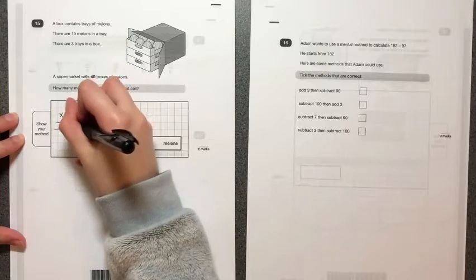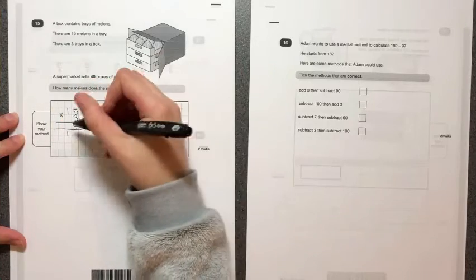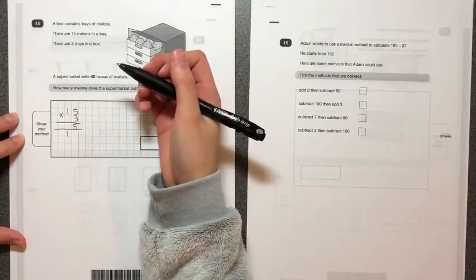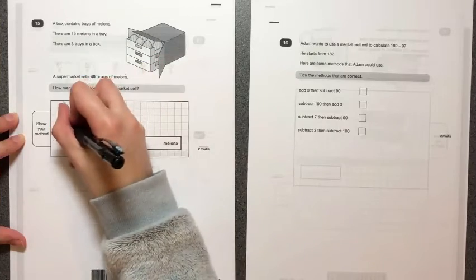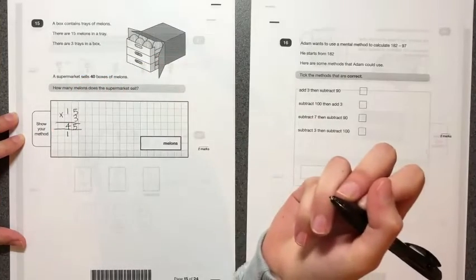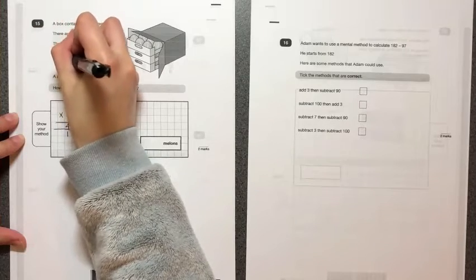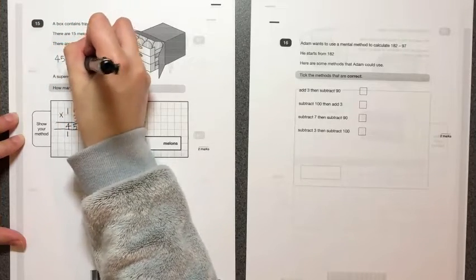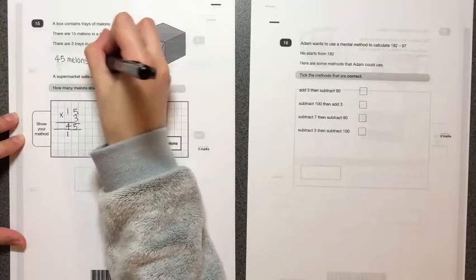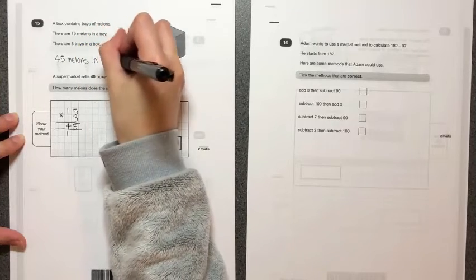Write the 5 down here, carry the 1. 3 times by 1 is 3, plus this one is 4. There are 45 melons in one box.